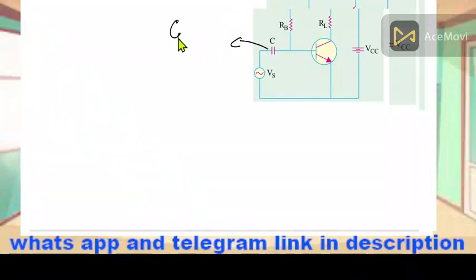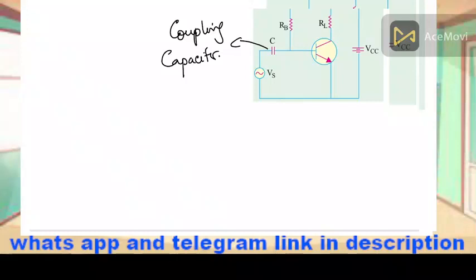Coupling means to add. This is the coupling capacitor. What it does is provide very high resistance to the DC and allow the AC to pass through. If you are connecting a coupling capacitor, this capacitor acts as an open for DC, it will block the DC, and it will be a short or a low resistance path for AC.